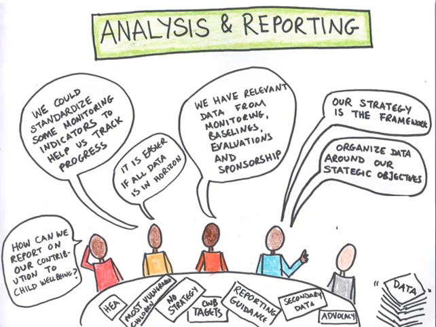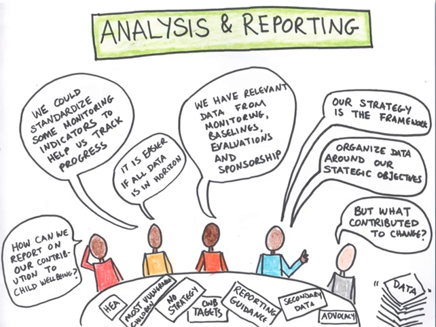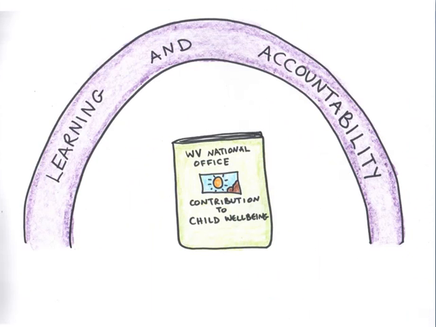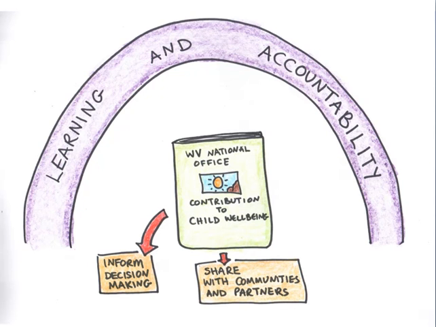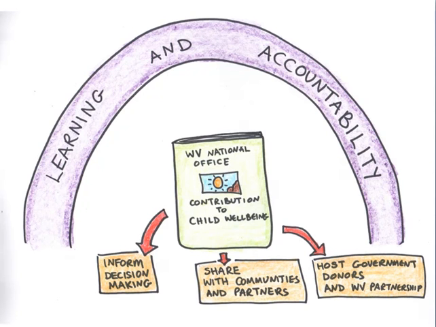What contributed to those changes? How are we moving towards the targets we have set for ourselves? What are we learning about the most vulnerable children? The focus of the annual reports is on internal learning to be used as a basis to inform decision-making and for accountability to our partners and other key stakeholders.